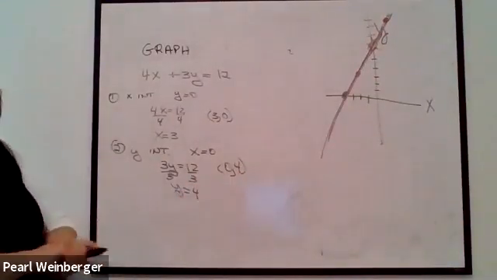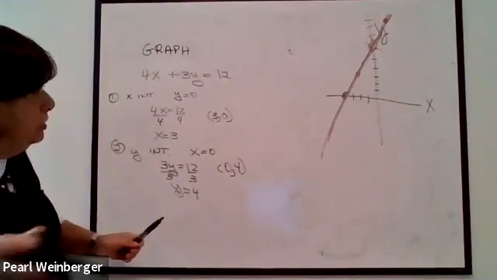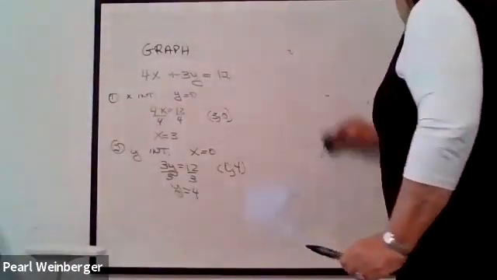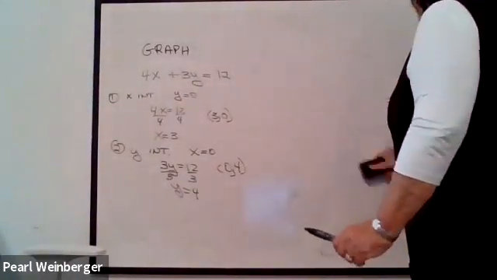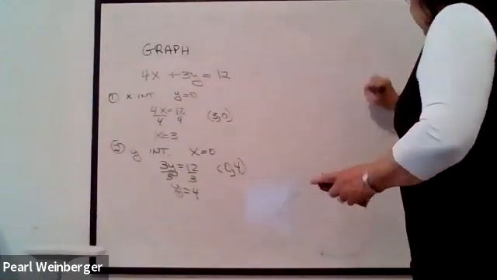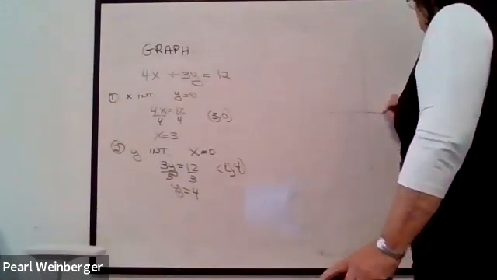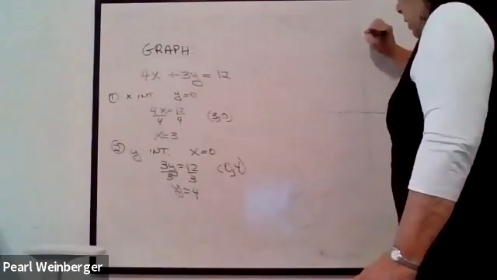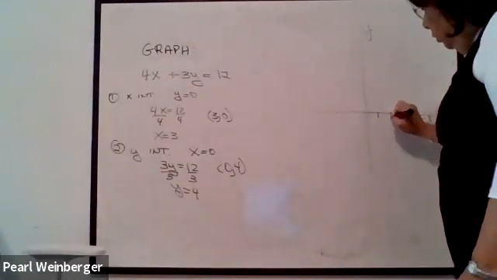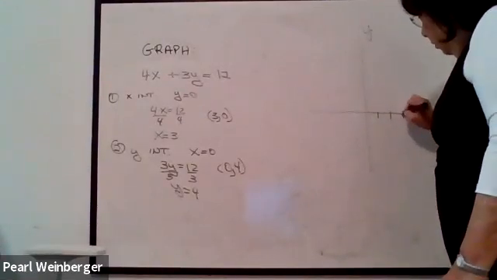If I wanted to, I could use this to graph my line. It is an alternate method to graph the line. So this is really a third method that we could have used, because the x-intercept we said was 3, so that's 1, 2, 3 over here.